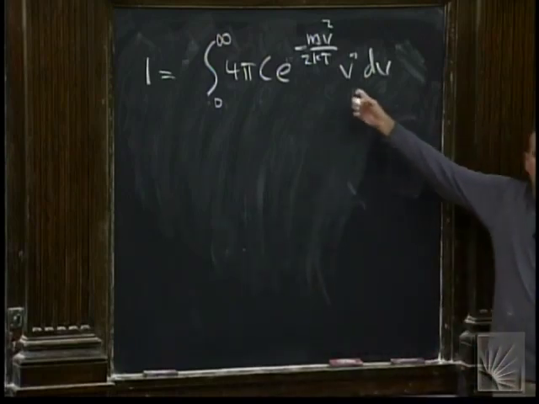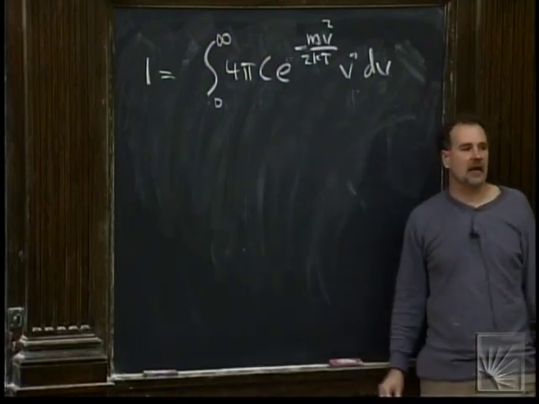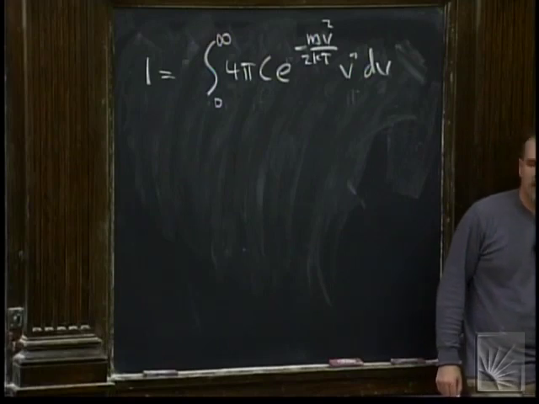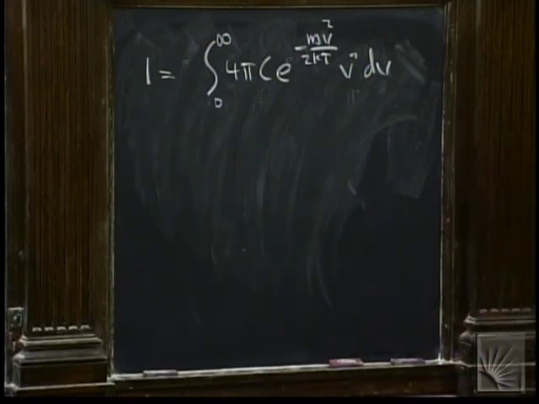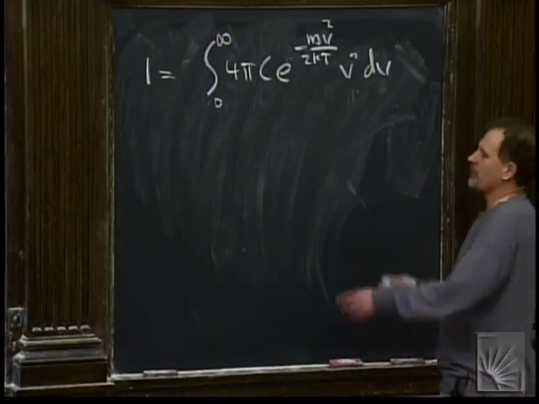Right? That's just, I define that. That's how I'm going to find c. I just have to find the normalization by saying the probability of having any old velocity, the total probability, is just 1.